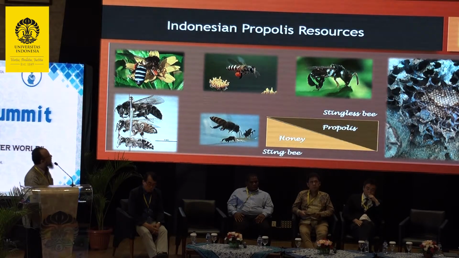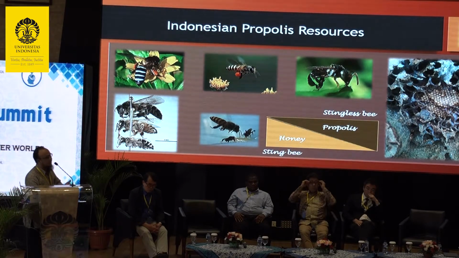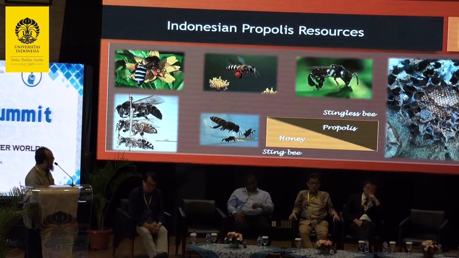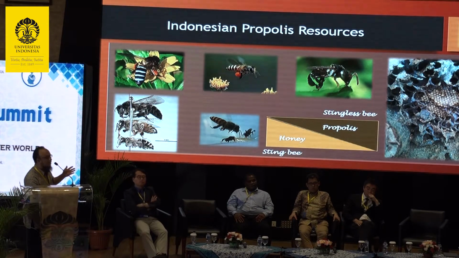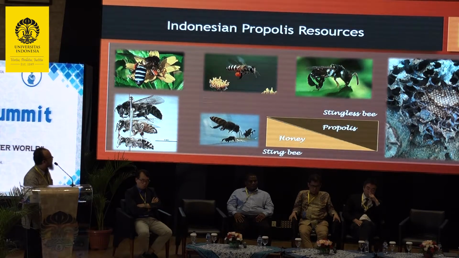This is also very interesting because we have at least 40 species of this kind of bee. When we compare the sting bee and the stingless bee, the sting bee can produce more honey compared with propolis, and the stingless bee can produce more propolis compared with honey. So it is very interesting to study the stingless bee, our biodiversity.